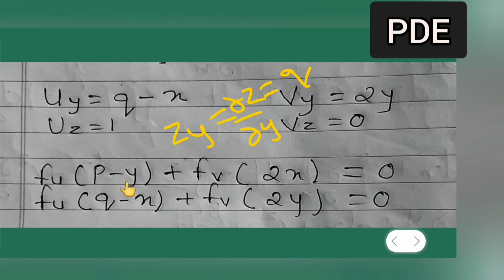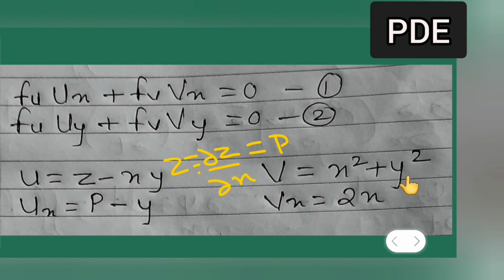No doubt. Then f_u is what? I have to substitute these values, whatever I got, the values of u_x, v_x, u_y and v_y, in these two equations. Now what is f_u?